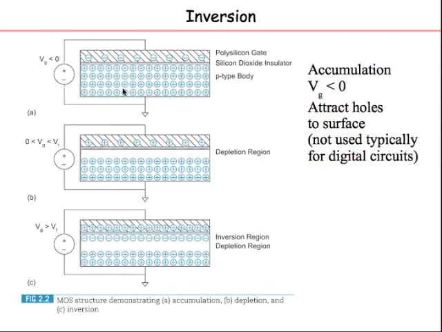When you apply a negative potential between the gate and the body, you have negative charges in the gate, so that attracts positive charges. A P-type anyway has a lot of holes, and you are also encouraging holes to be around, so it becomes more P-type. It goes into what we call the accumulation region. Vg less than 0, you attract holes, and this is the situation you have.